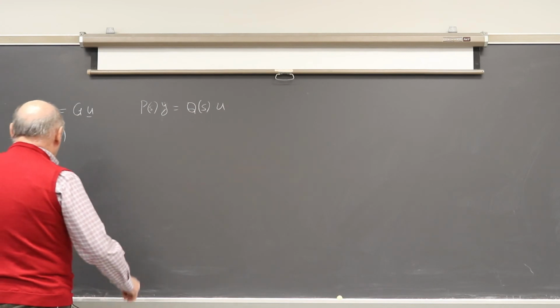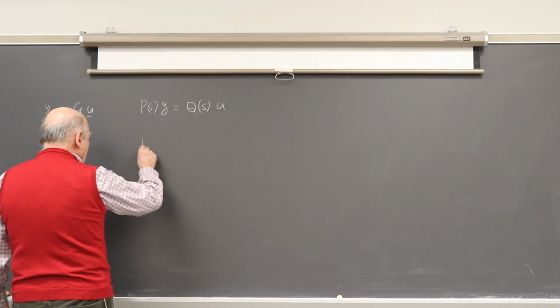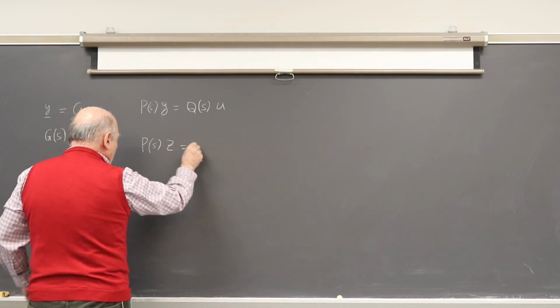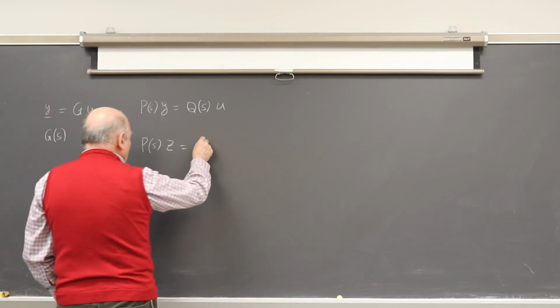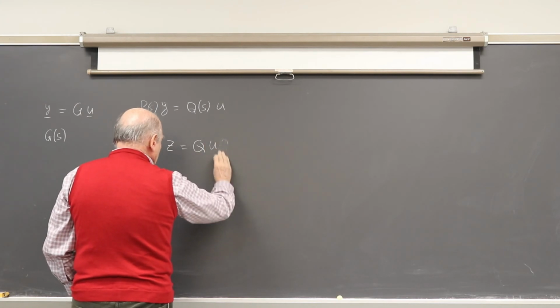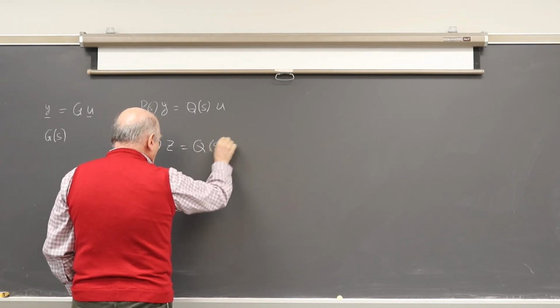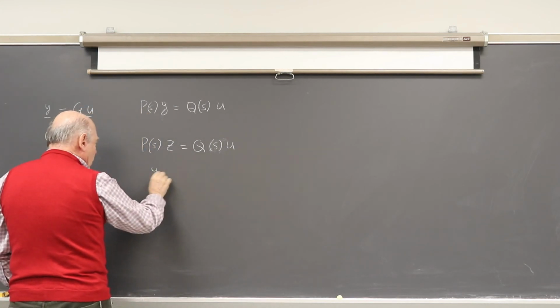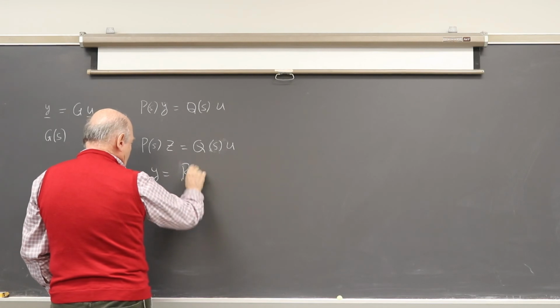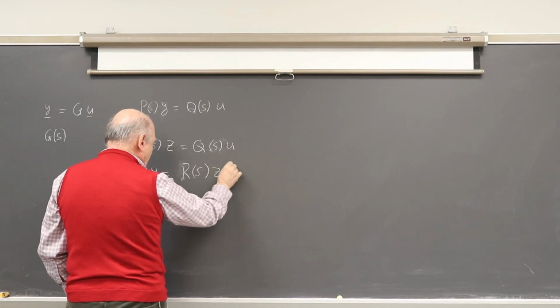A second one that we will explore is a representation called the pseudo state. This P doesn't have anything to do with that P. The pseudo state representation, Q of S times xi equals u, and the output y will be a function R of S and xi.